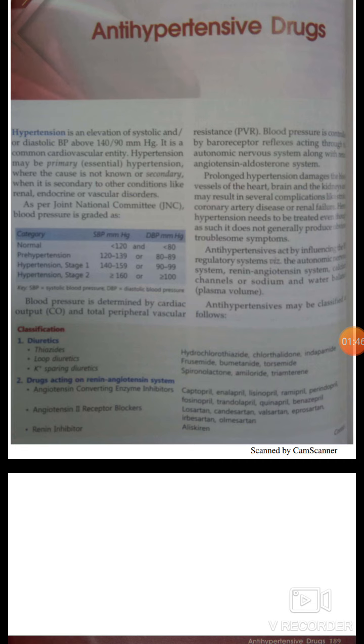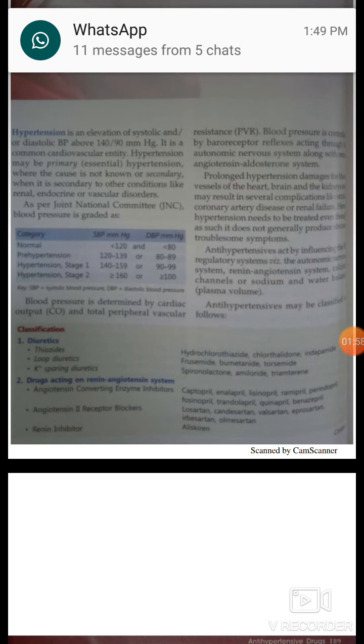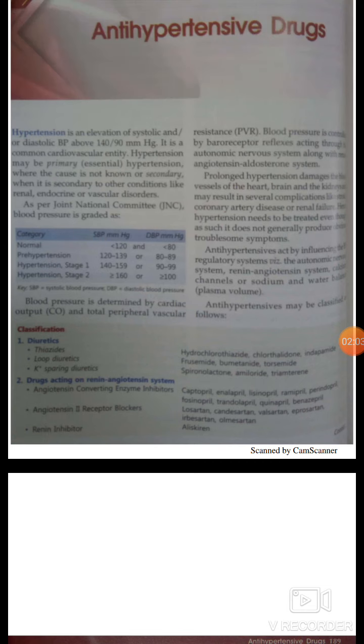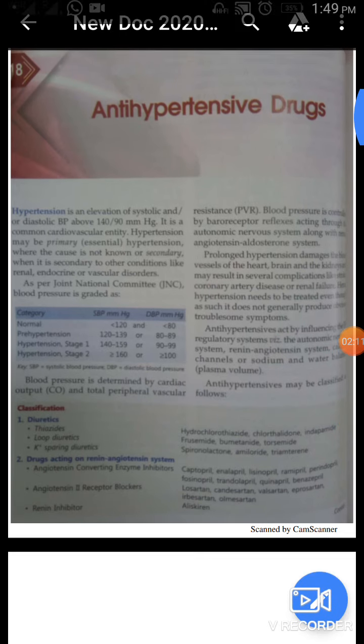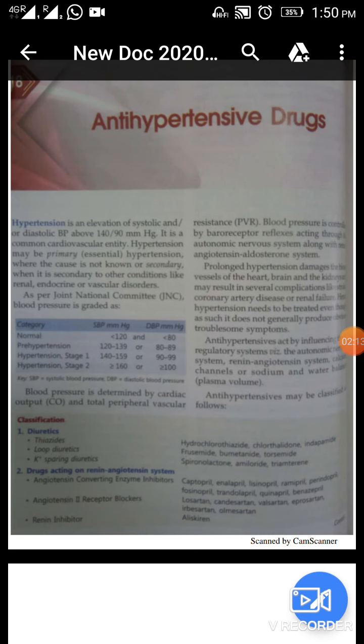So if we put hypertension in an equation, then blood pressure is equal to CO, which stands for cardiac output, into PVR, that is peripheral vascular resistance, right? So it is generally due to the cardiac output and peripheral vascular resistance, right?